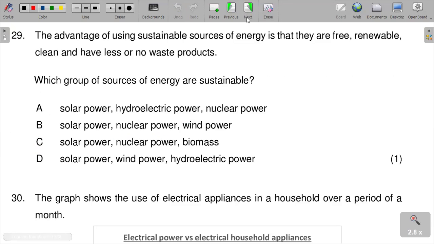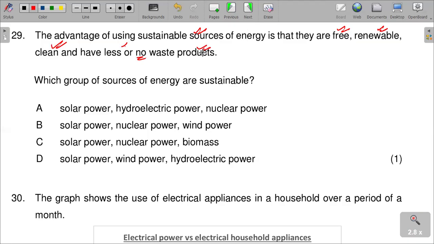The advantage of using sustainable sources of energy is that they are free, renewable, clean, and have less or no waste products. Which group of sources of energy are sustainable?